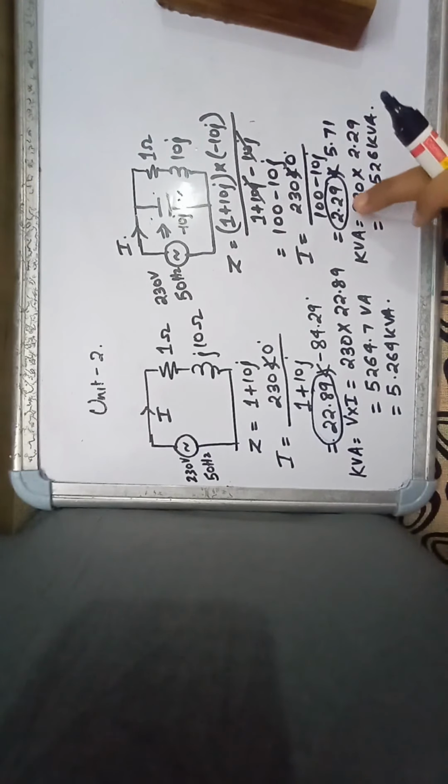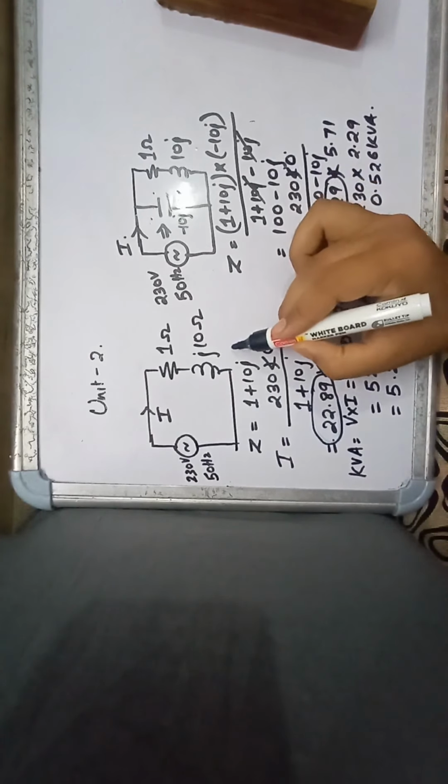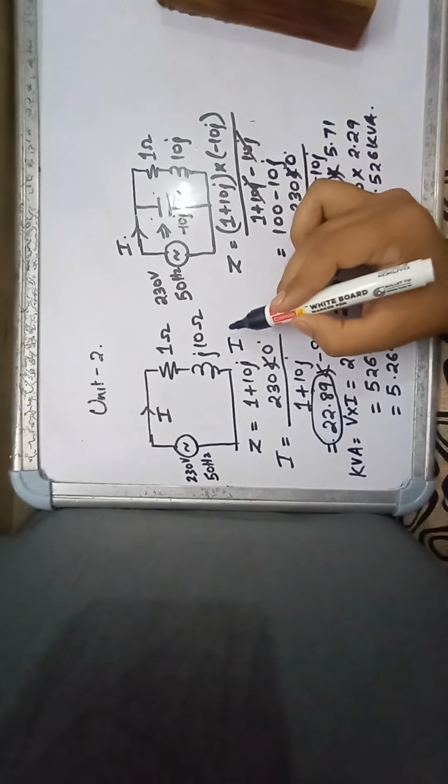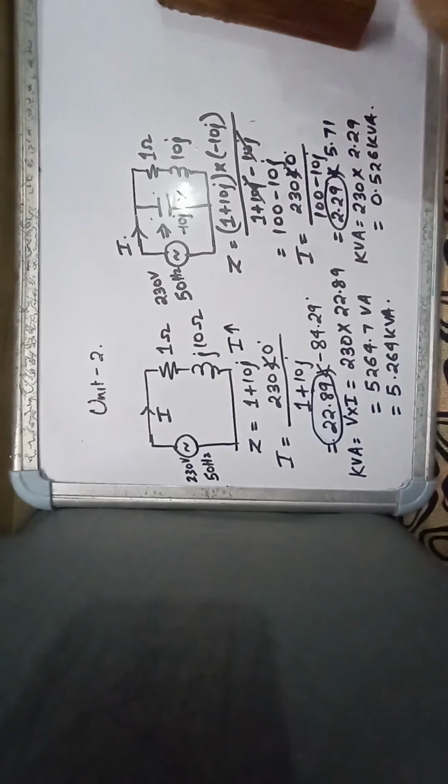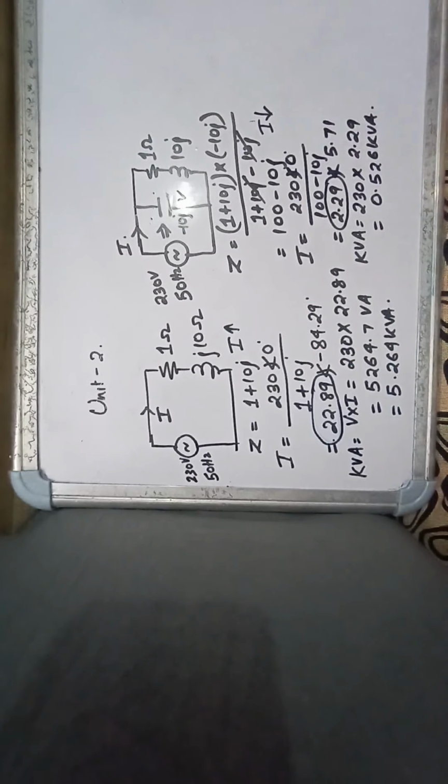Here the current level is 2.29. So the current here is more, here the current is less. Next, check out the kVA rating. Here the kVA rating is more, here the kVA rating is less.